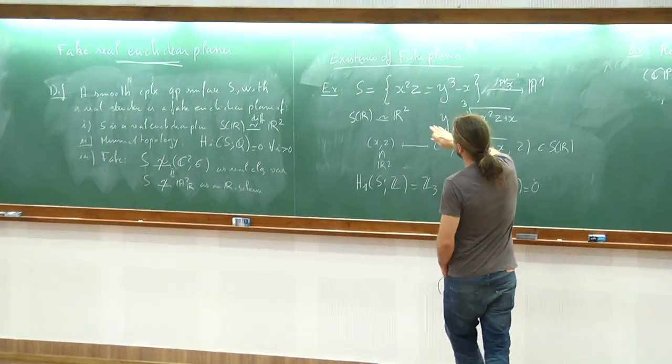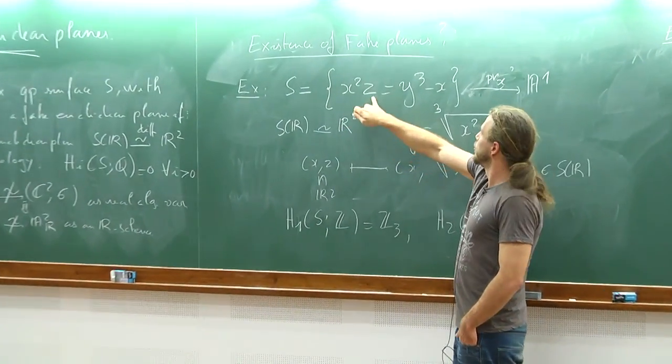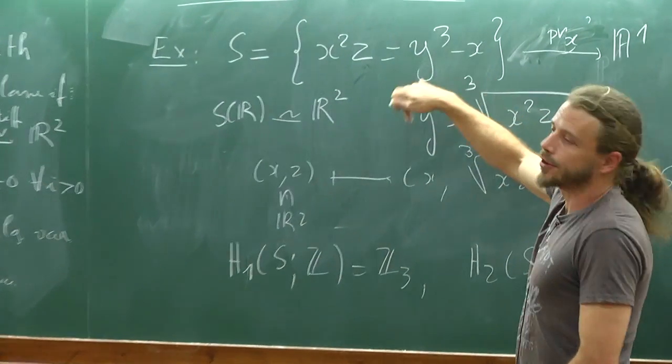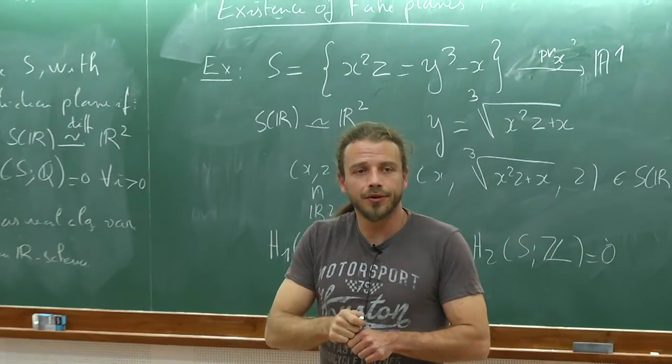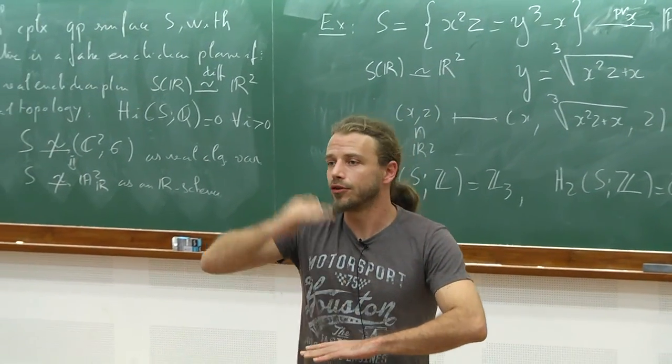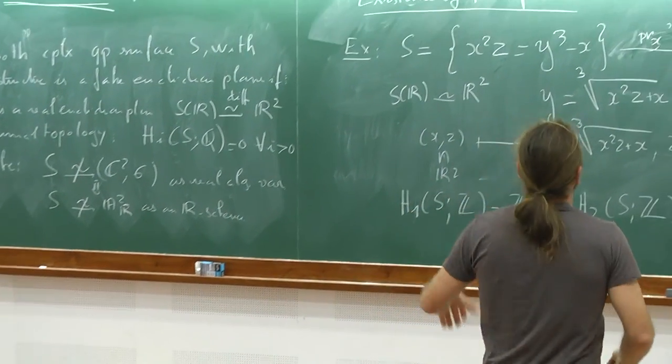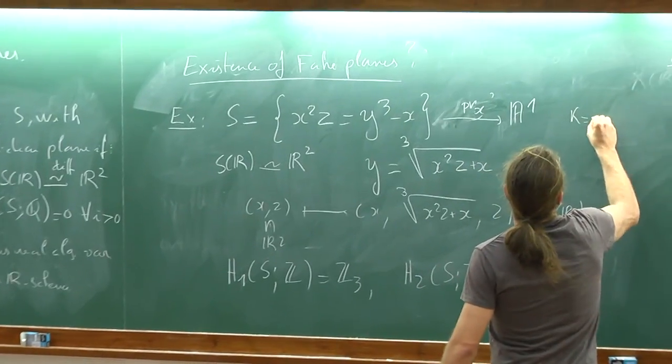And so in particular, if x is non-zero, then you can just say that z is (y cubed minus x) over x squared. So when x is non-zero, it just looks like a base cross A1. So here the Kodaira dimension is negative.